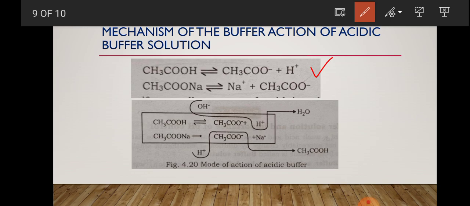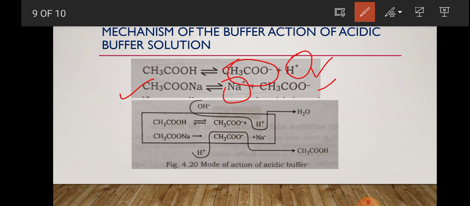On the other hand, sodium acetate dissociated completely and produces sodium ion and acetate ion. Here, the buffer has three ions, that means acetate ions, hydrogen ion and sodium ion.